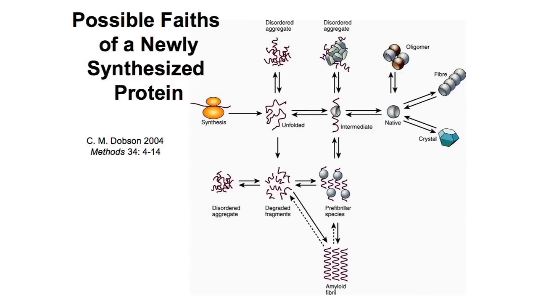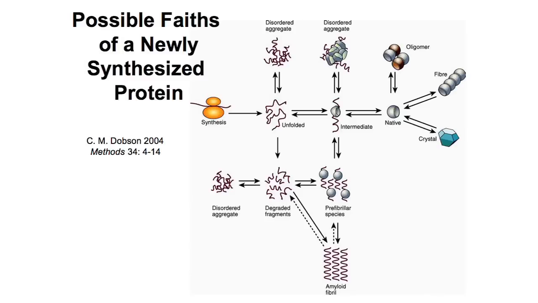There could be disordered aggregation of the protein, hydrophobic collapse and formation of huge disordered aggregates. There could be formation of amyloid fibrils, the ordered aggregates which have a fiber-like shape. There could also be partial degradation, and those degraded fragments may again form disordered aggregates, or amyloid fibers.